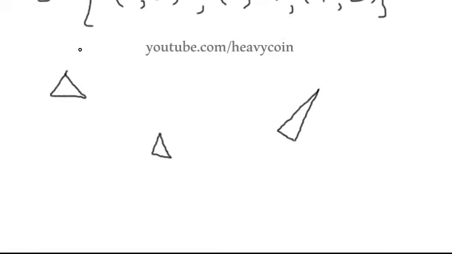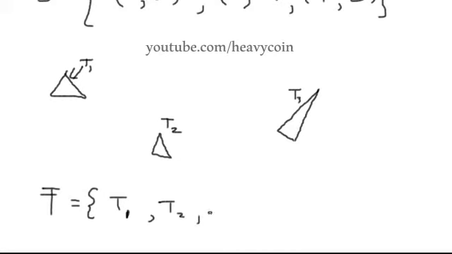I'm going to label them triangle T1, triangle T2, and triangle T3. And so we would say this set is the set of triangles: T1, T2, and T3.